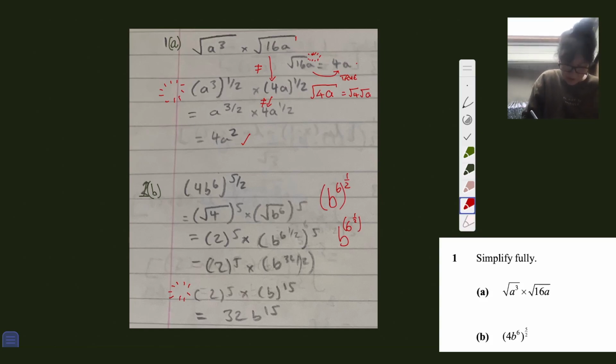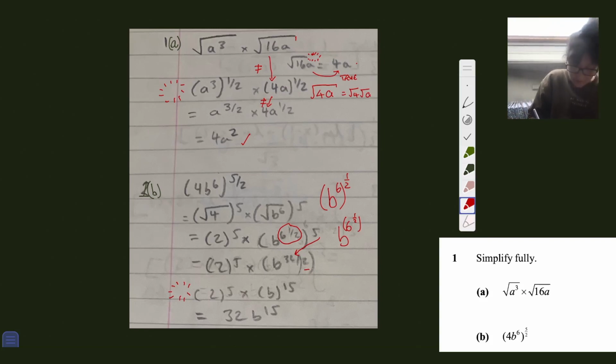And then 6 times a half is 3. What on earth is happening here? This is 3. Here's the 5. Now we're still over the 2. 32. 30? Does that say 30? Ah, I see.